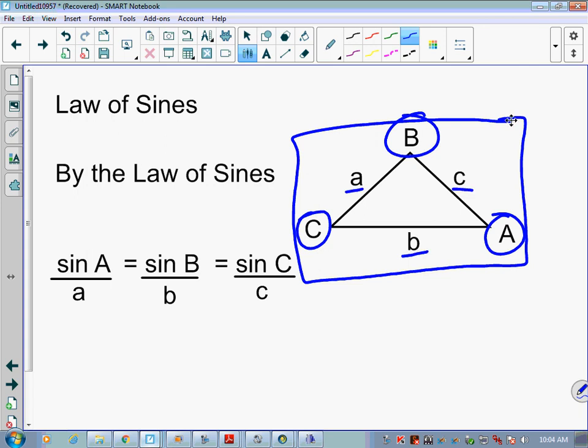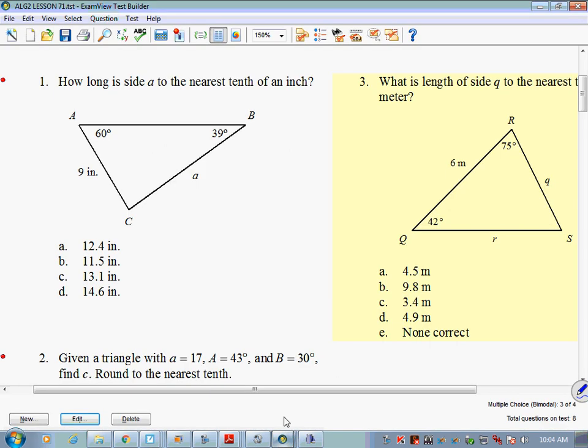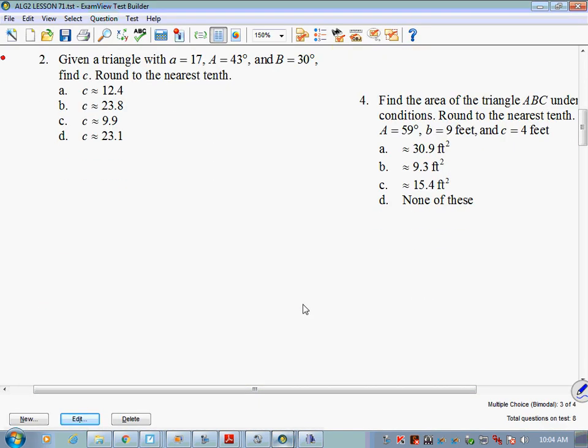The other thing I want you to see is that the sides and the angles that are opposite each other will have the same letter. Okay? So C is opposite C, A is opposite A, B is opposite B. So side A is always opposite angle A. Side B is always opposite angle B. Side C is always opposite angle C, and vice versa. Does that make sense? Okay, so you want to understand that going in, because sometimes we're going to have to draw a triangle.